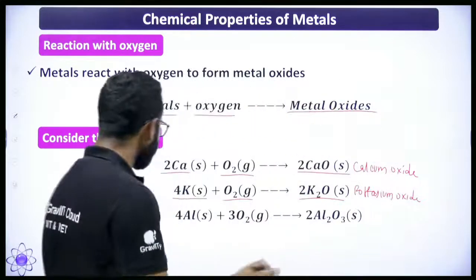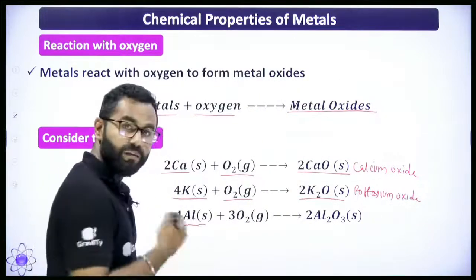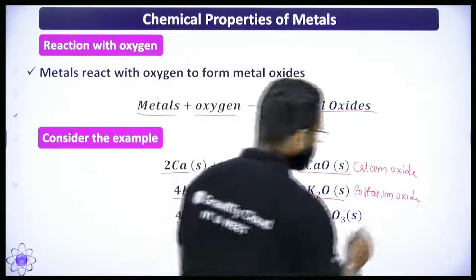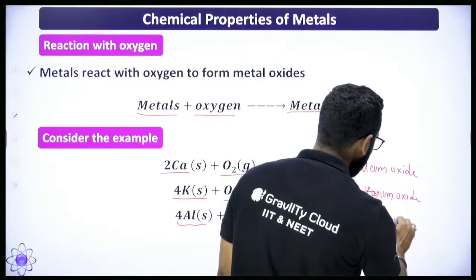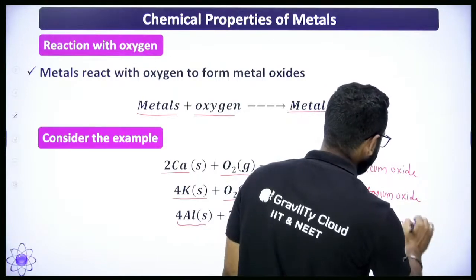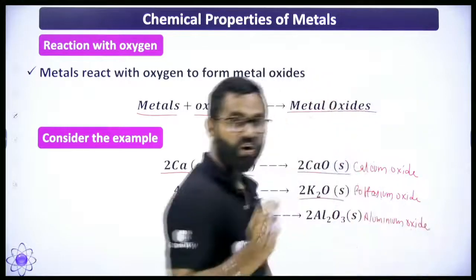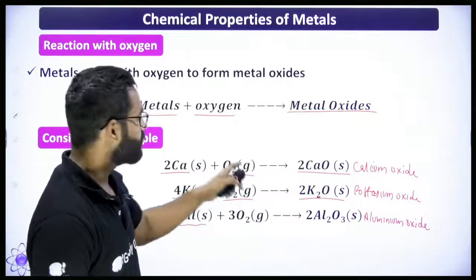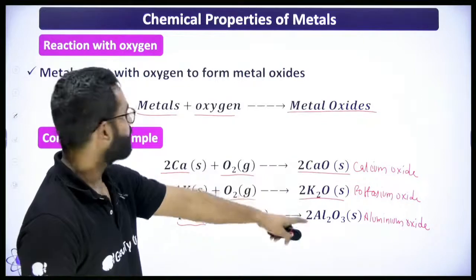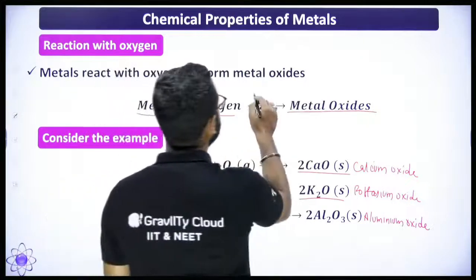Next, suppose we have aluminium. Aluminium reacts with oxygen to form aluminium oxide. So in short, all the metals, when they are heated in the presence of oxygen, will form metal oxides. You can write here heat.